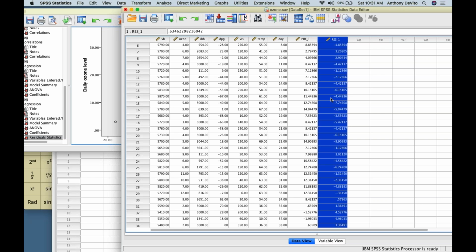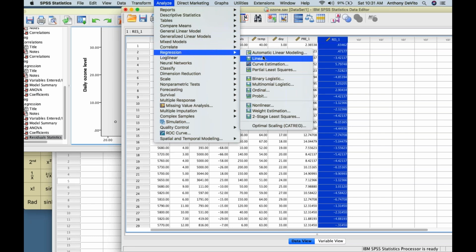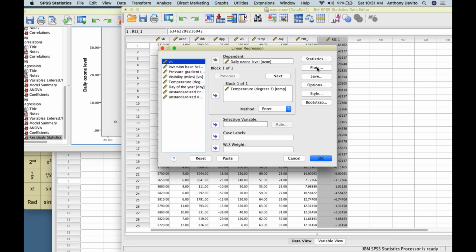Just like any normal distribution. So you could plot these and see if they're normally distributed. And instead of plotting the actual values themselves, you could go to Analyze, Regression, Linear Regression, and go into the plots here.